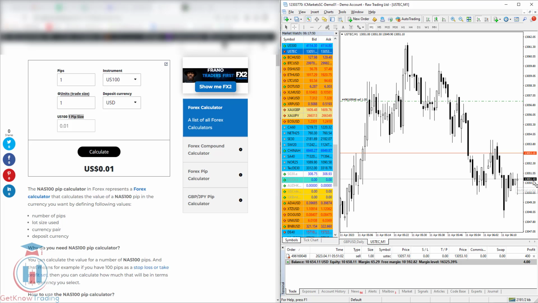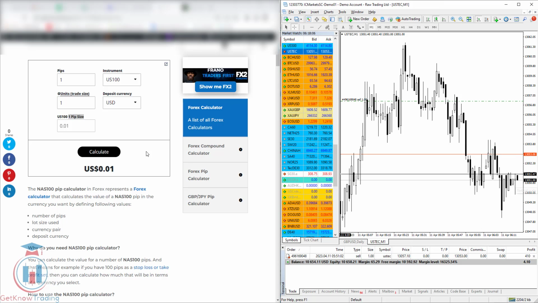So if you have 13,051.01, this would mean 1 pip. So when the price changes from 13,051.10 to 11, this will mean a change by 1 pip. So pay attention to this because this is really important in calculation of the pip value.